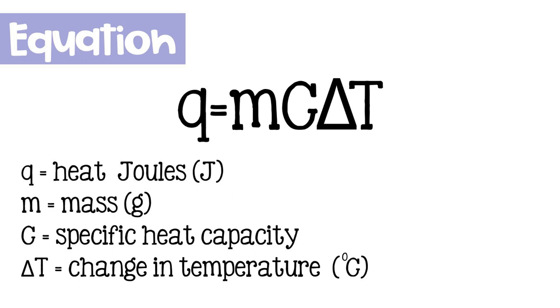As a reminder, always make sure your temperature is in Celsius and not Fahrenheit. You may notice that this formula is very similar to when we were calculating heat using heat of fusion and heat of vaporization. The only difference is instead of H, we have c delta T.